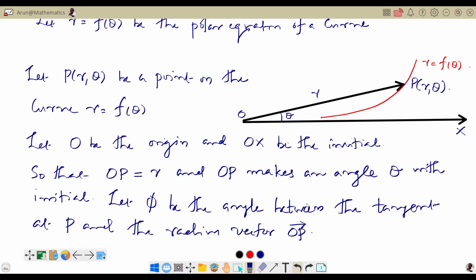So you can draw a tangent, so that this angle is phi. So this is the tangent T.